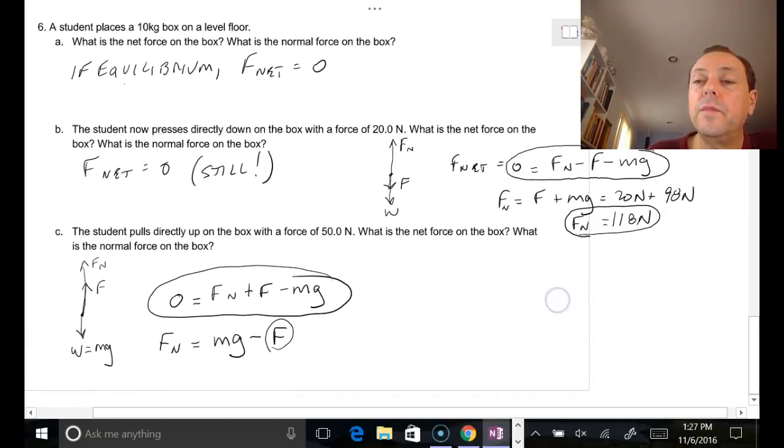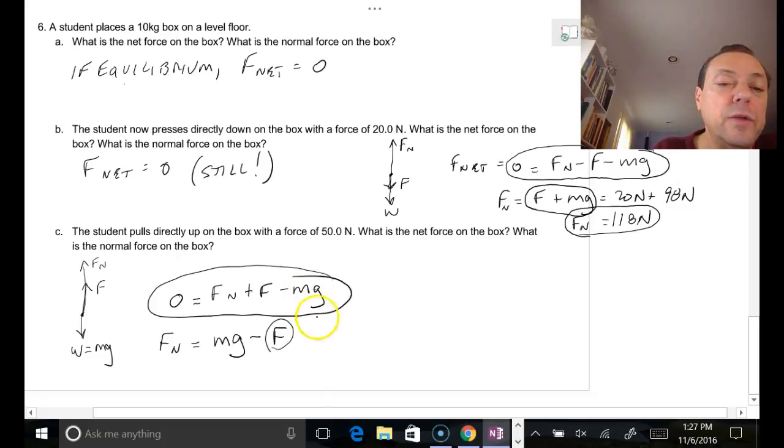Over here, in the previous problem, the floor had to push the box harder because you were actually adding to the weight by pushing down with an extra 20 newtons onto the box.